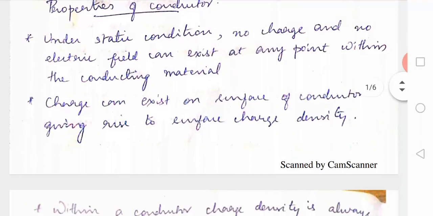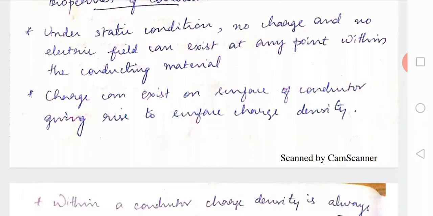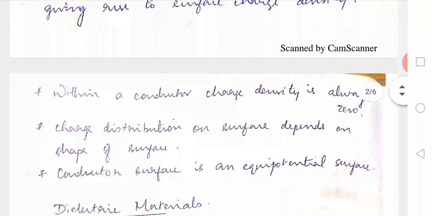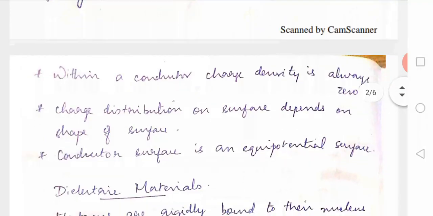The next property is that charge can exist on the surface of a conductor, giving rise to surface charge density. Within a conductor, charge density is always zero. Charge distribution on the surface depends on the shape of the surface, and the conductor surface is an equipotential surface. The conductor surface being equipotential means the charge is distributed almost equally.